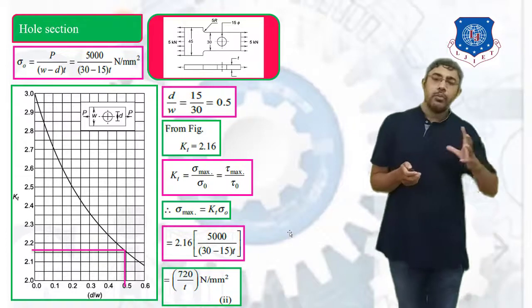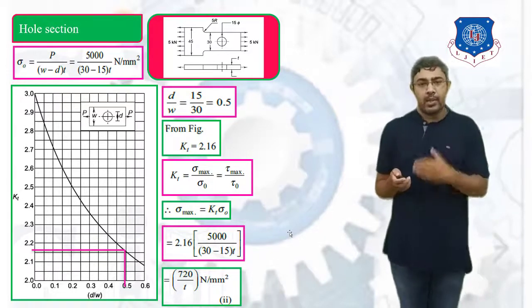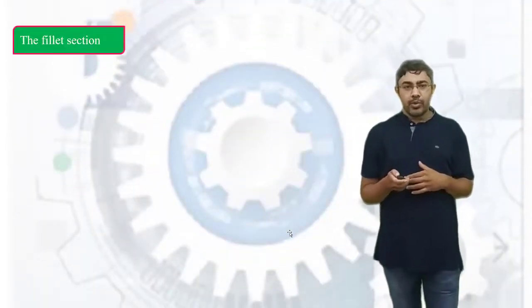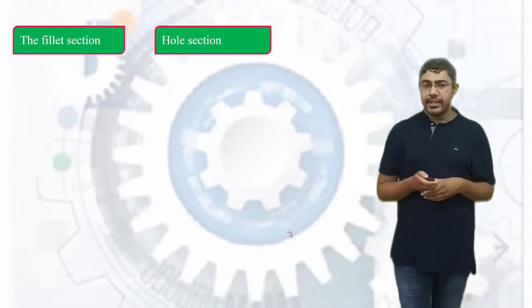Now we have both values at the fillet section and the wall section. The fillet section and wall section are the critical sections.